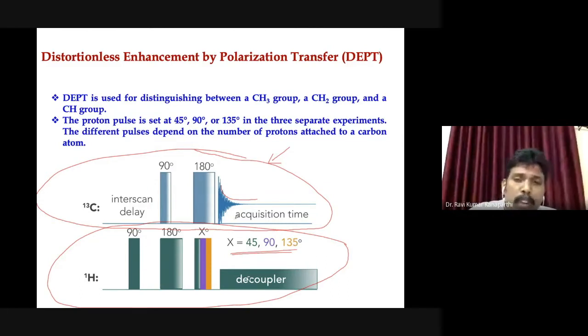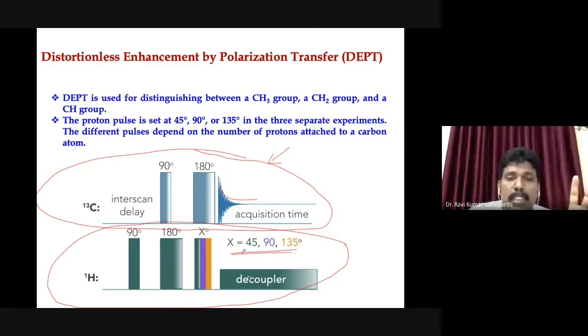So what I'm trying to say is that the DEPT technique is slightly different from the simple carbon-13 NMR. In which way it is different, I'm trying to explain. The simple carbon-13 NMR gives all the carbon signals irrespective of primary, secondary, tertiary, and quaternary carbons.